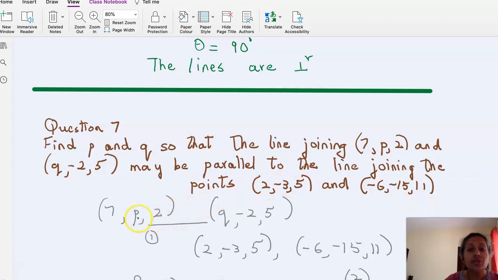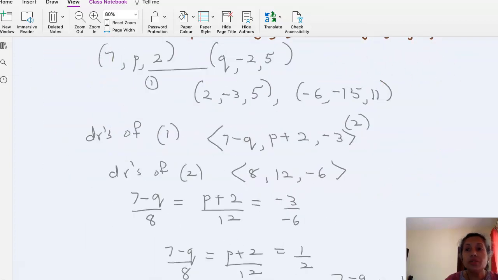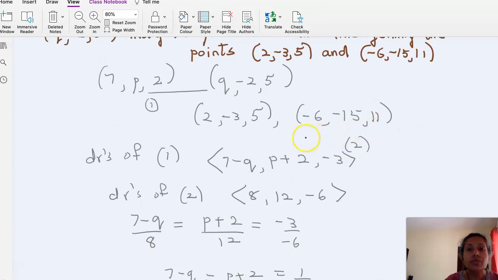So we have the line joining these 2 points here, and the line joining these other 2 points also, that is 2, minus 3, 5 and minus 6, minus 15, 11. Find the direction ratios of line 1, that will be 7 minus Q, P plus 2, minus 3. Direction ratios of line 2 will be, what will that be? You get 8, 12 and minus 6.